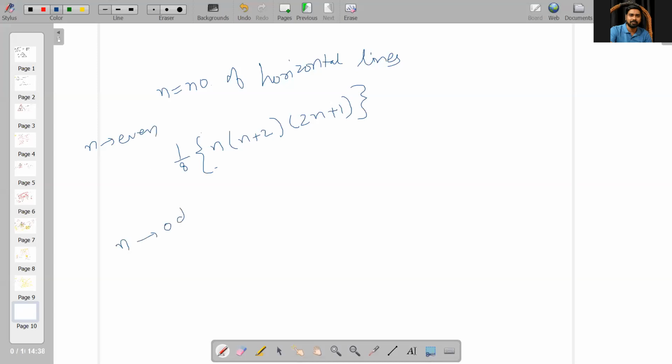When n is odd, the same formula, but minus 1.